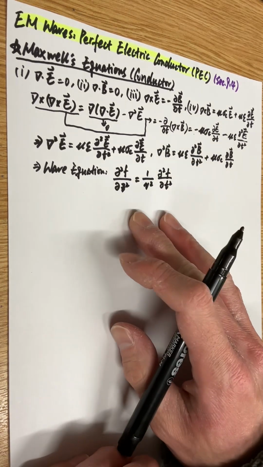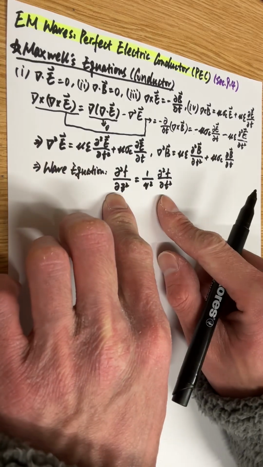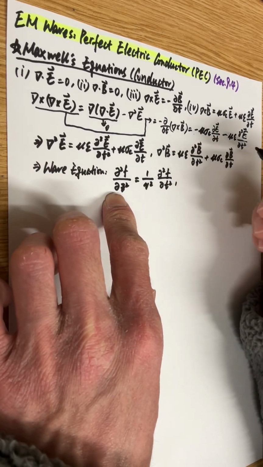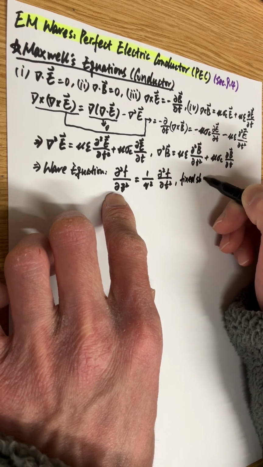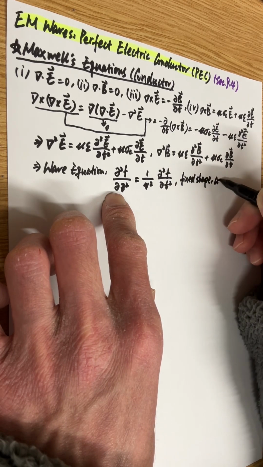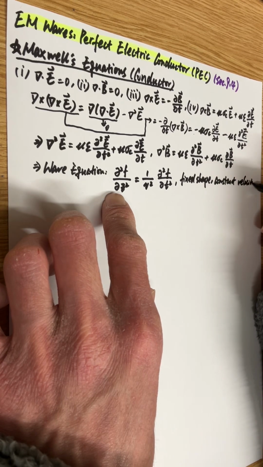So when wave function f complies with this wave equation, the wave propagates with fixed shape, constant velocity.